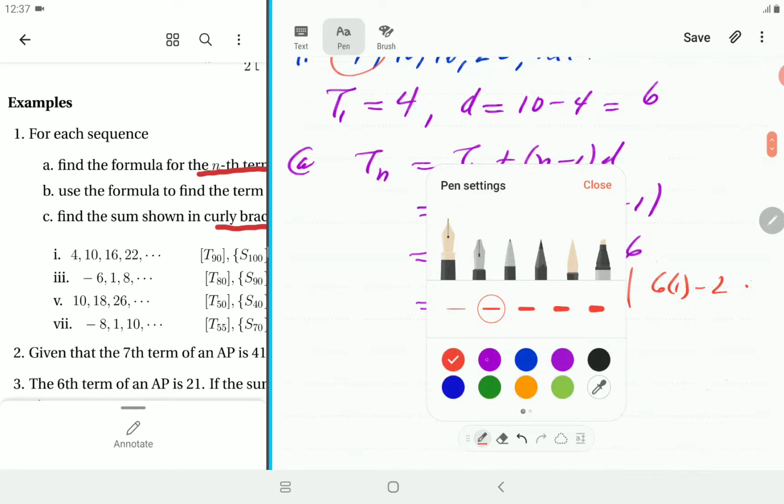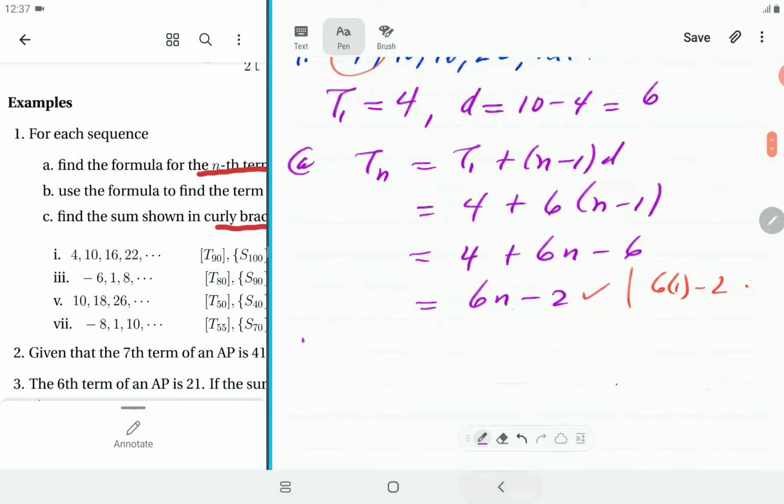All right, then in part B, we want to find term number 90 in this example. So we work that out by simply plugging n is 90 here. So this is going to be 6 times 90 minus 2.